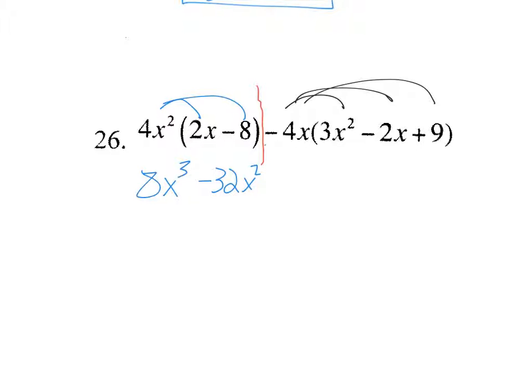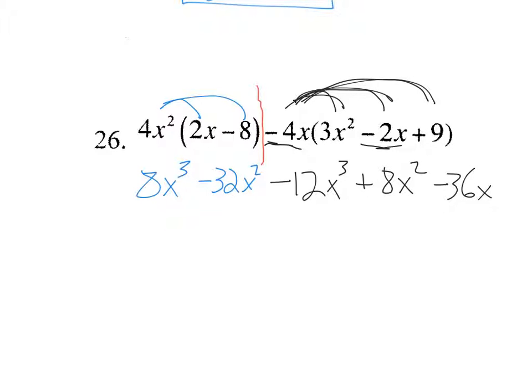Remember, this is going to be a negative 4x every time. So I got negative 12x to the third. Second round, positive 8x squared, because negative 4 times negative 2. And then lastly, negative 36x.